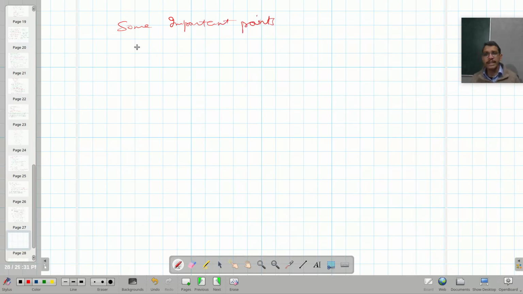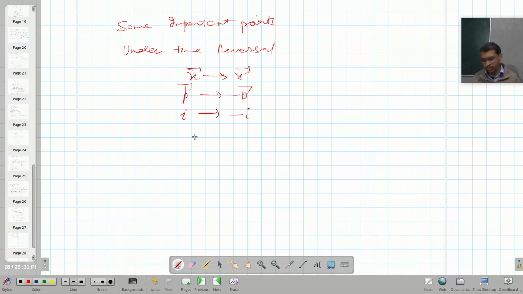So under time reversal, the following things will happen. This x will remain as it is, its position, and momentum will change its sign. This iota will become minus iota, and angular momentum will also change its sign, and this sigma will become minus sigma.